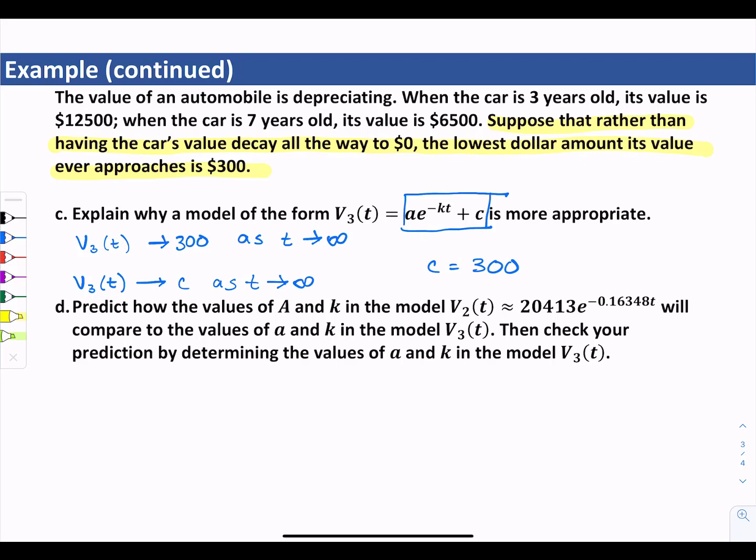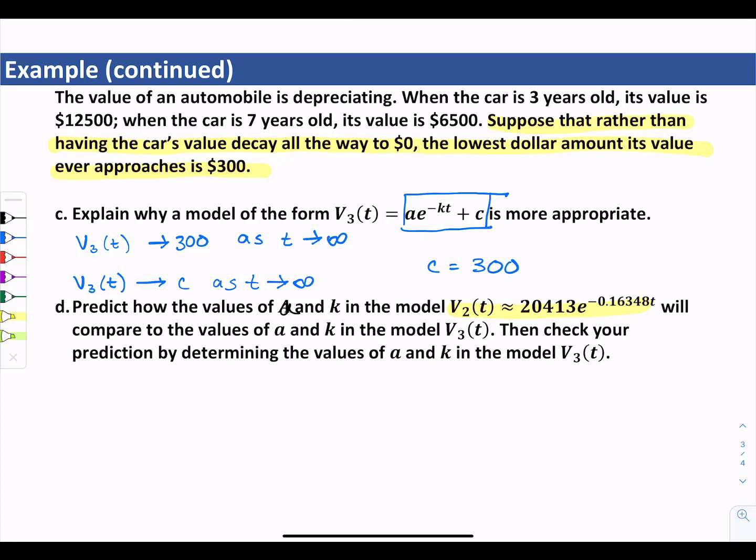So lastly, predict how the values of A and K in the model V sub 2 of t, which is what we saw on the previous page, will compare to the values of A and K in the model V sub 3 of t. And then check your prediction by determining the values of A and K in the model V sub 3 of t.